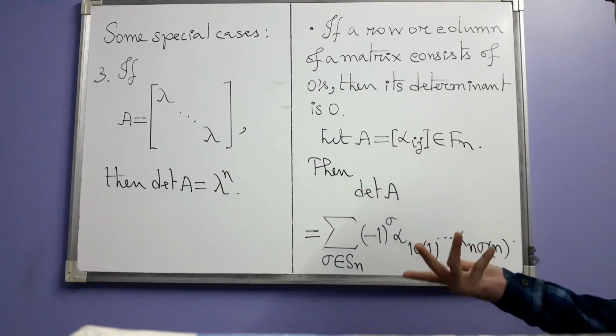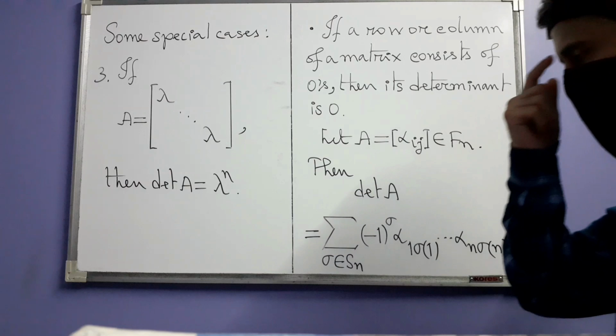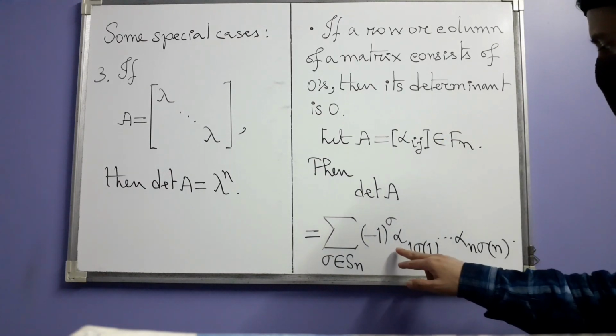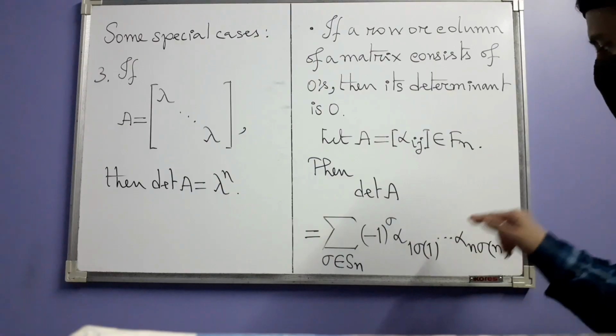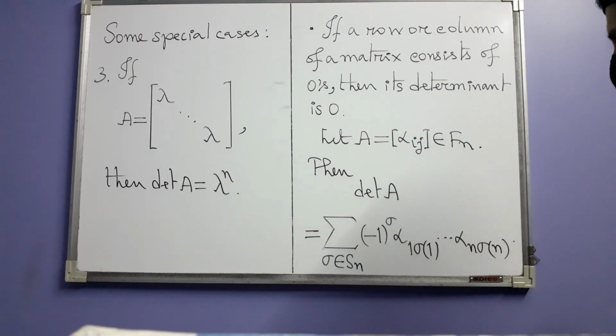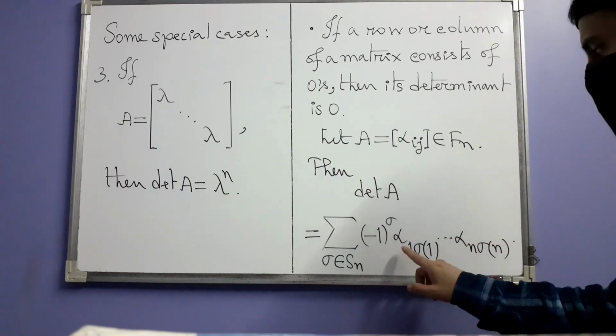Will it also apply to any row being 0? Yes. Say the ith row is 0. Where will you have alpha I something? Here, in every such term. In the middle somewhere, in its place of course it will appear.